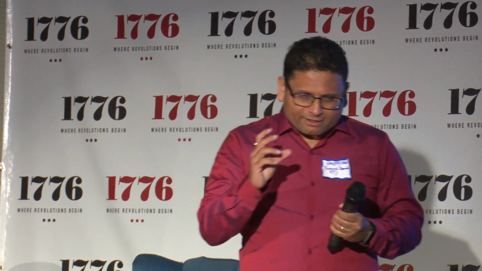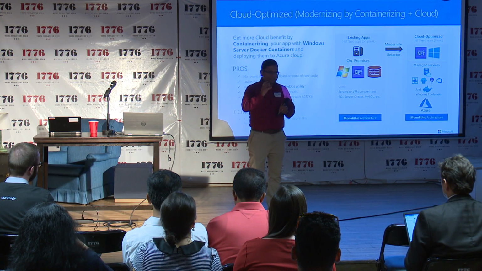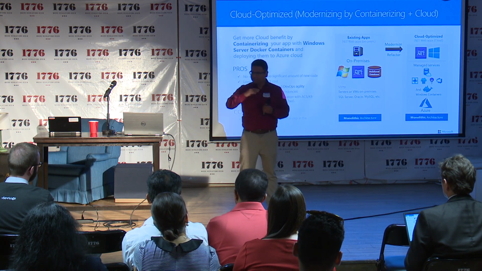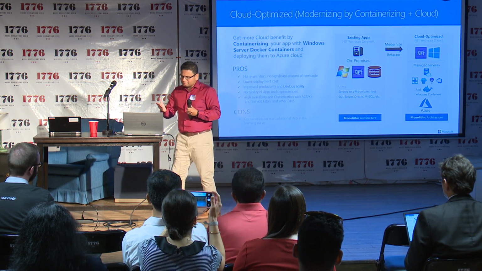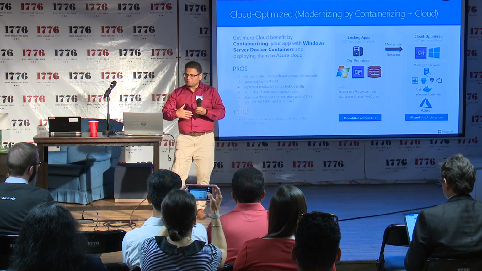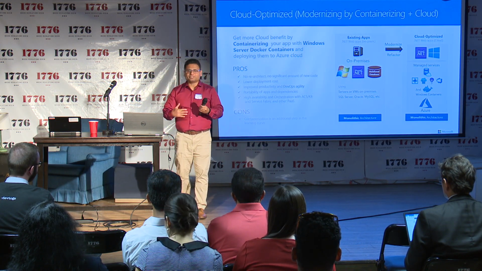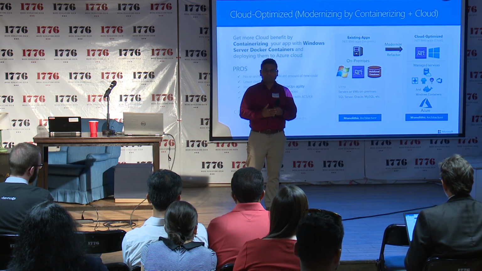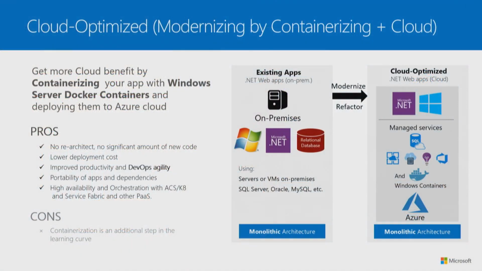Since containers are independent packages with all the dependencies built in, they're easily portable. And if you use orchestration engines like ACS, Service Fabric or Kubernetes, you can really have a high availability architecture. What I'm finding is that, at least in the Windows world, there's a huge learning curve for containers.